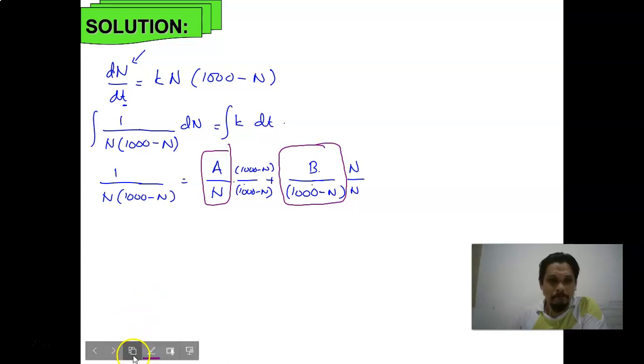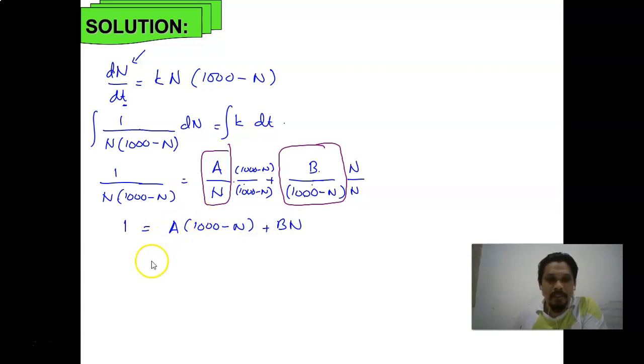Now we compare the numerator since the denominators are already equal. So 1 equals A(1000 minus n) plus Bn.